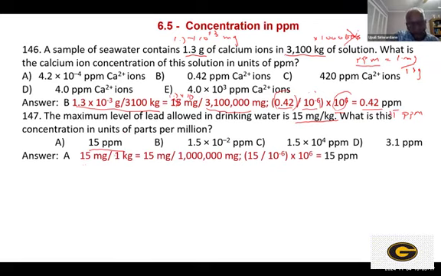Use the fact this is the definition of parts per million. Therefore, you put 15 here, 1 kilogram of solvent converted to 1 milligram. That's equal to 15 divided by million multiplied by million. You finally get that.